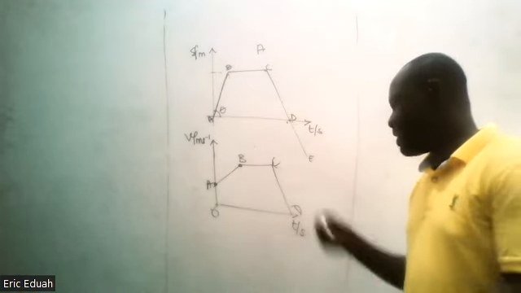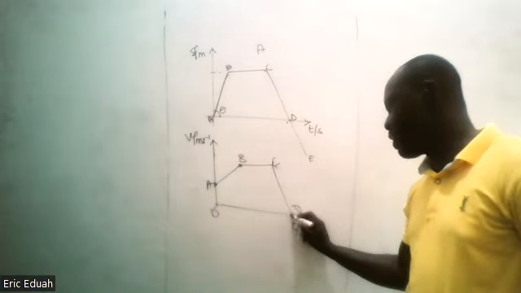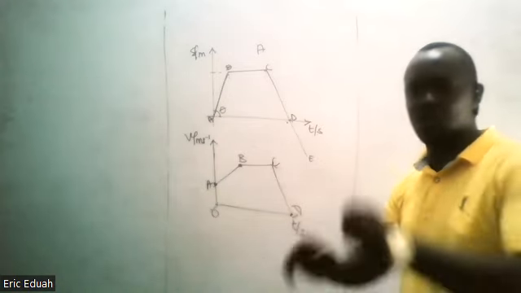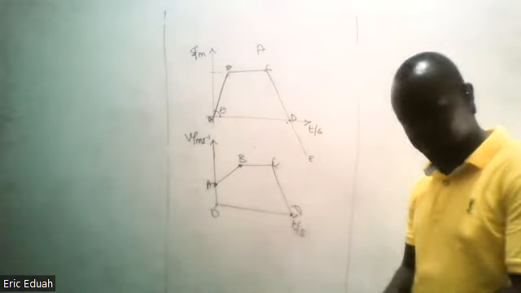So its final velocity when it gets to point D is equal to 0. That's the motion.